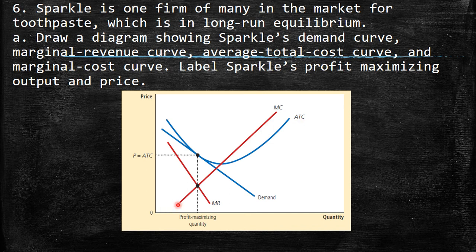Why? As you notice, every time the average total cost is downward sloping, the marginal cost is lower. But once the marginal cost cuts the average total cost at its minimum, the marginal cost is higher than the average total cost. And why?